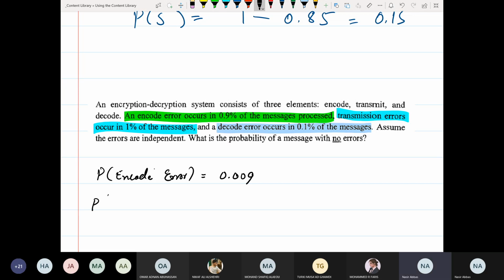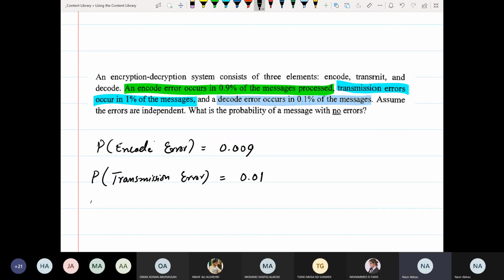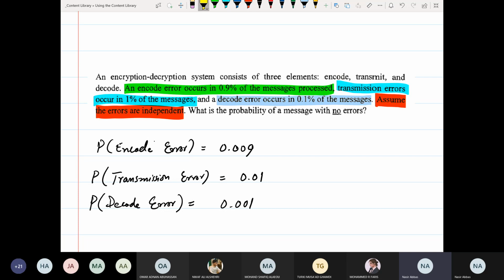And then the probability of transmission error is 0.01, and the probability of a decode error is 0.001. Now this is very important, the one I'm going to highlight. Assuming that the errors are independent, what is the probability that there is a message with no error?